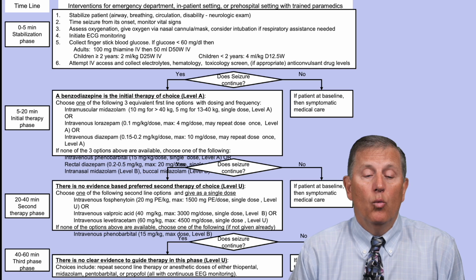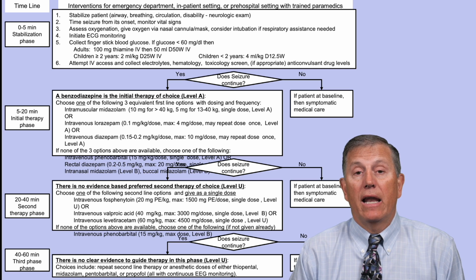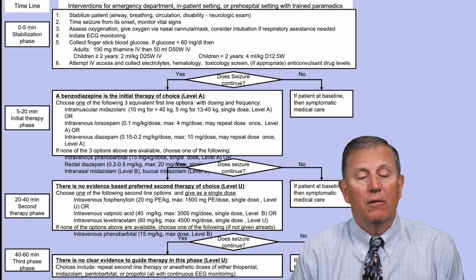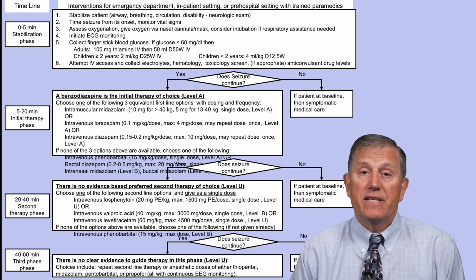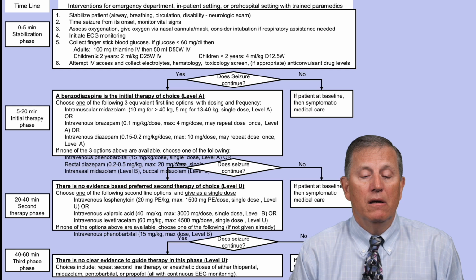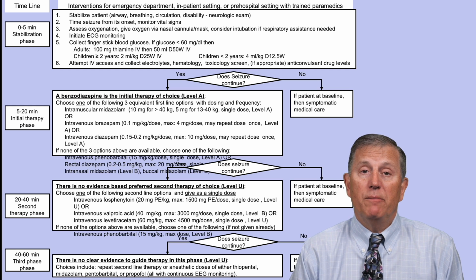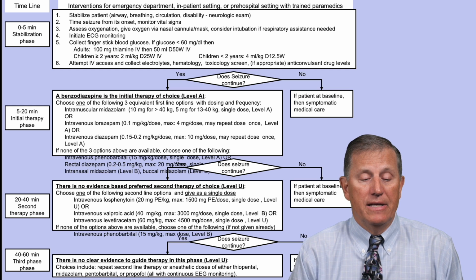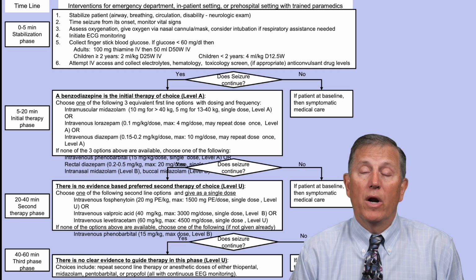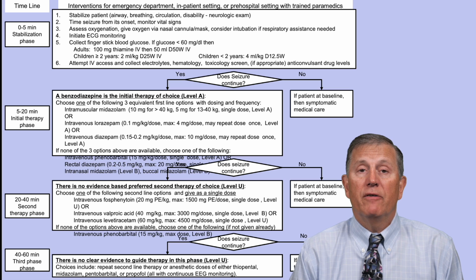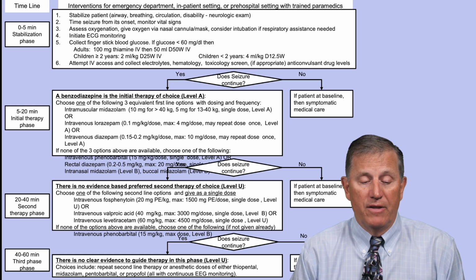On this slide, which again summarizes the clinical guideline from AES by Glauser et al., we can see that over a 60-minute period, it is intended that optimally a patient during the first 5 minutes can be stabilized. If seizures continue during the next 15 minutes, initial therapy with any benzodiazepine option is suggested. During a 20-minute second therapy phase, additional medications can be given based on the ability of any individual institution and provider to give this therapy.